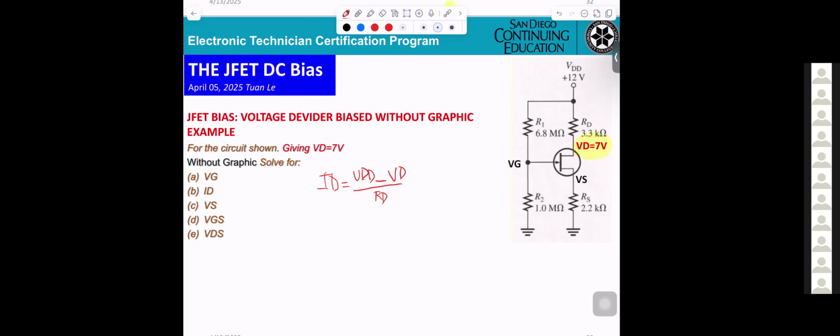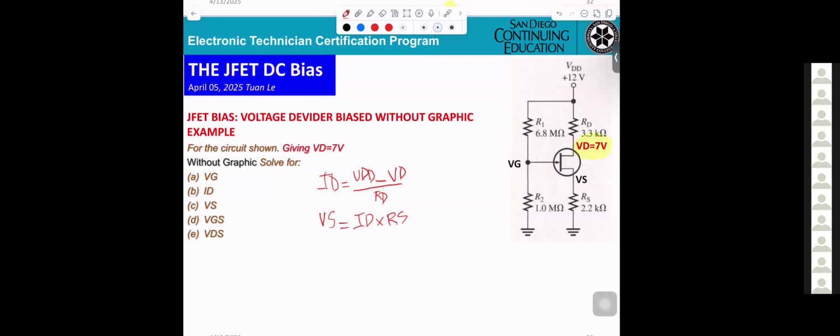That's how you calculate the ID. And now if you want to calculate the VS, that means ID times RS.